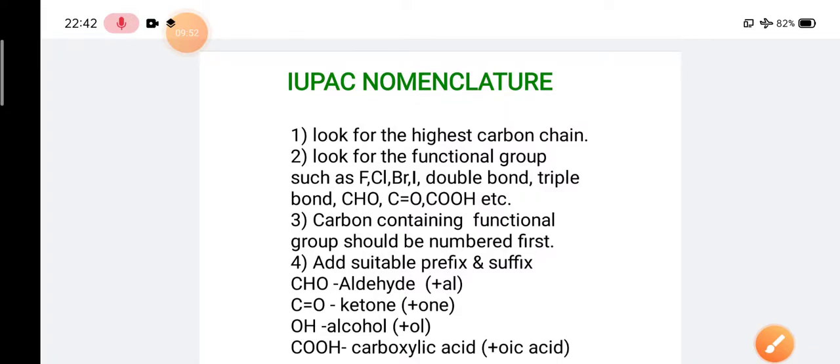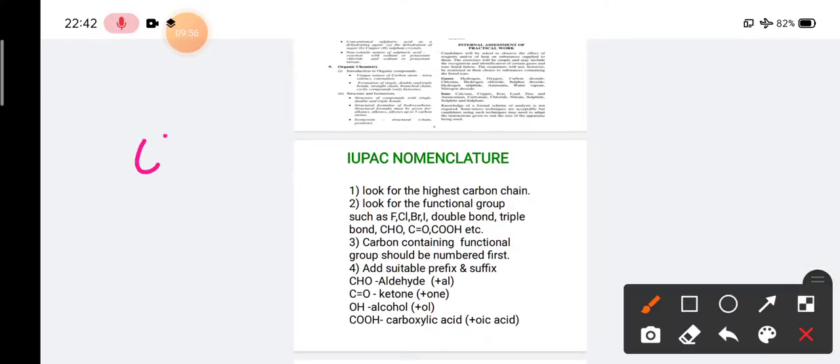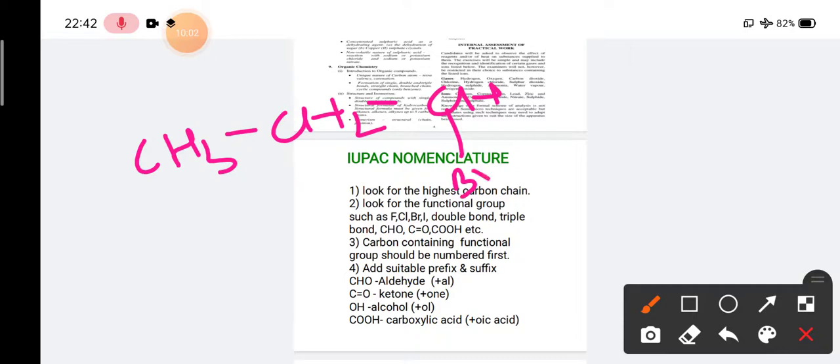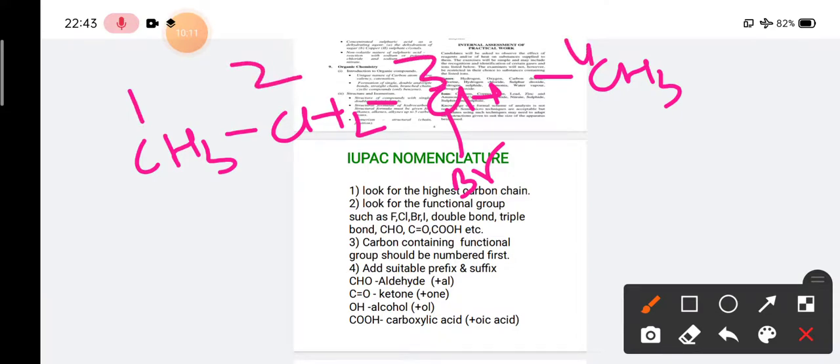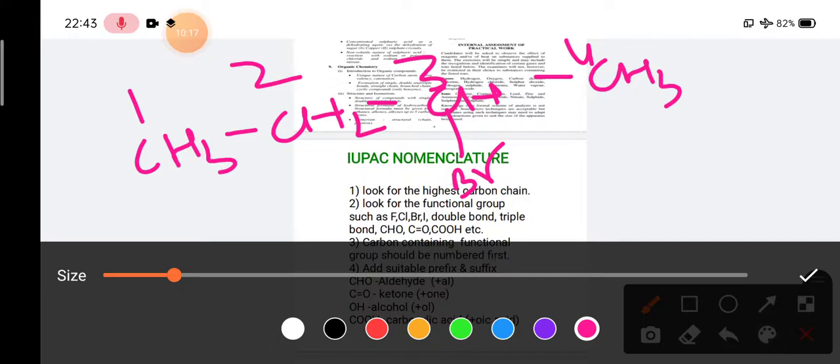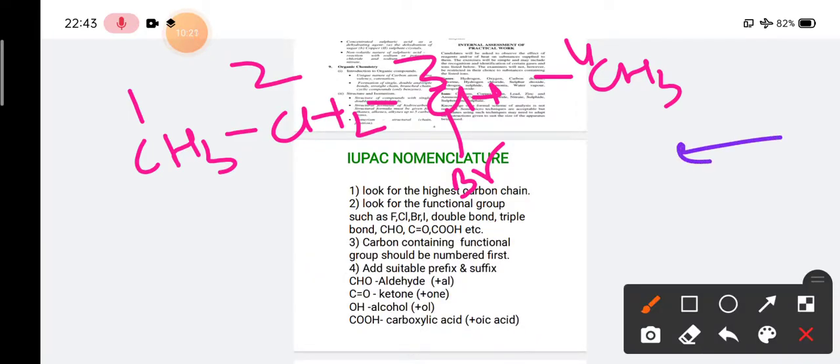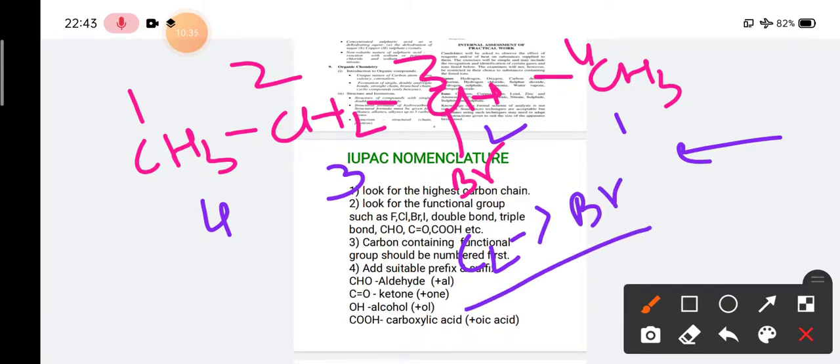Suppose, let's give an example of CH3, CH2, CHBr, CH3. If we number the carbons from here, 1, 2, 3 and 4, the longest chain has four carbons, but the functional group is on carbon 3. If we number from right side to left side, the carbons are 1, 2, 3 and 4, and the functional group, Br, is on C2. So the lowest position is C2.